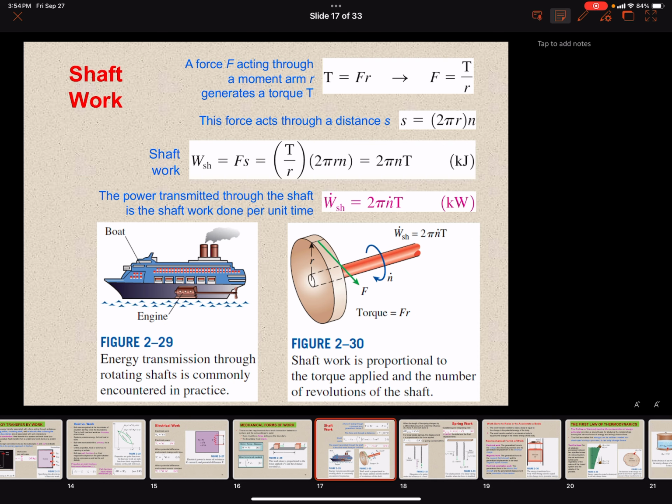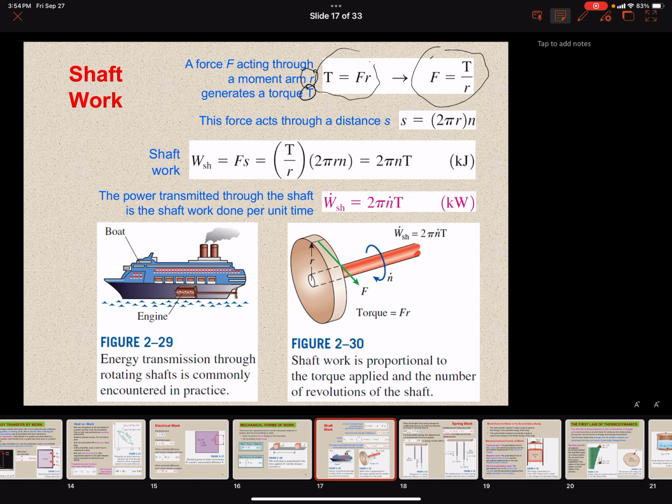For the shaft work, we all know the torque, which is a force acting through a moment arm, R. I think you still remember this equation: torque equals force multiplied by R, and we can change the form of this equation.